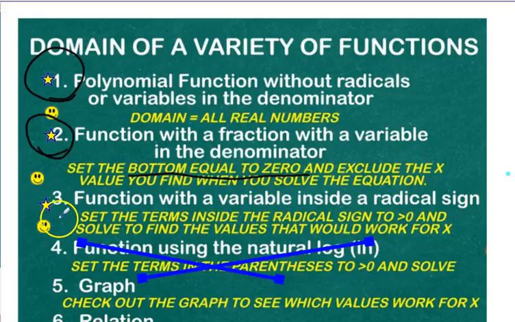The third option, if you have a function with a variable inside the radical, then you set whatever's inside the radical greater than or equal to 0, and you solve that, and that's your domain. So those are the only three options. All real numbers. If there's an x in the denominator, I set the denominator equal to 0 and say x can't equal that. If there's a radical, what's underneath the radical has to be greater than or equal to 0.